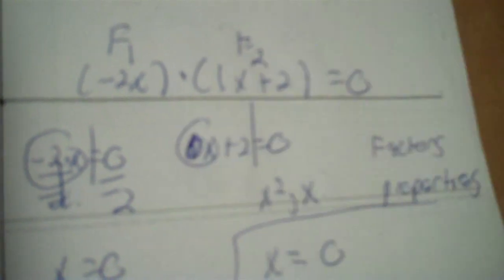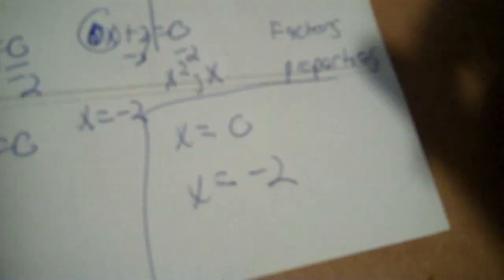So negative 2x could equal 0, or 1x plus 2 could equal 0. So you divide by negative 2 here, and you get 0. And then get rid of your times 1 and minus 2 from both sides, and that's negative 2. Okay, that's it.